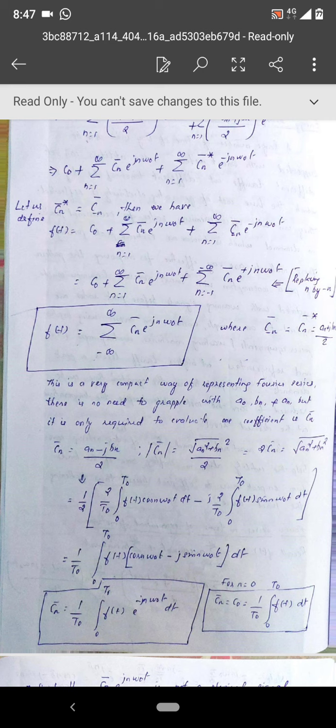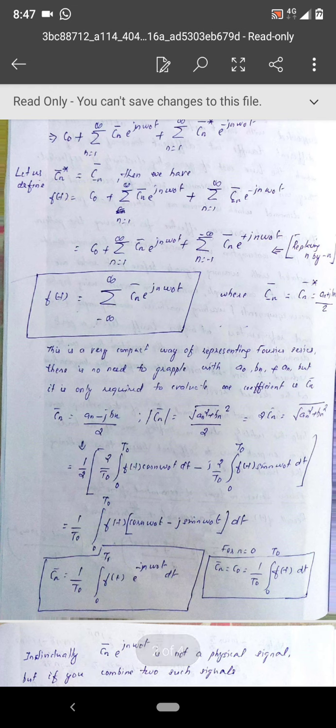Okay, very simple. From that, f of t you can take as common, dt also, and the integration from 0 to t naught is the same, so you can take that common too. What will be inside the bracket will be cos n omega naught t minus j sine n omega naught t. Now cos theta minus j sine theta is nothing but e raised to minus j theta.